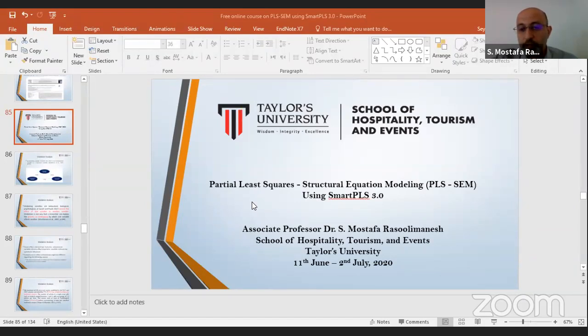Sometimes there is a mess between these two. We need to differentiate between hypothesizing and assessment, and we need to understand the way that we can hypothesize a mediator construct, and then how we can assess it.